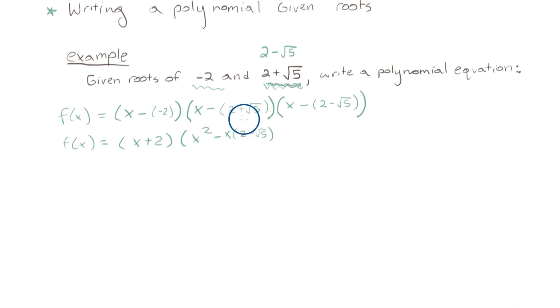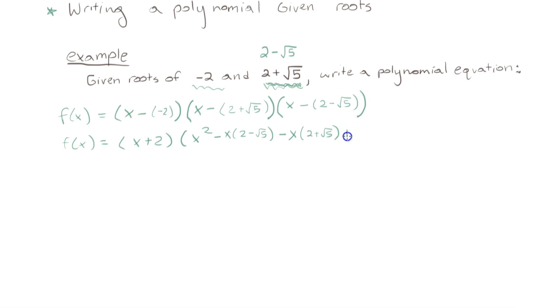Now let's distribute this -2 plus the square root of 5 to this x. That should get us -x parentheses 2 plus the square root of 5. And then -2 plus square root of 5 times -2 minus the square root of 5.